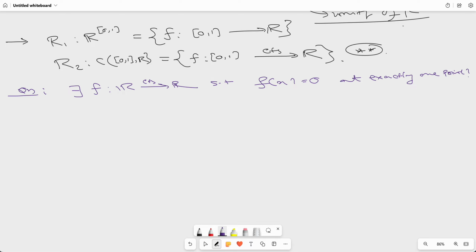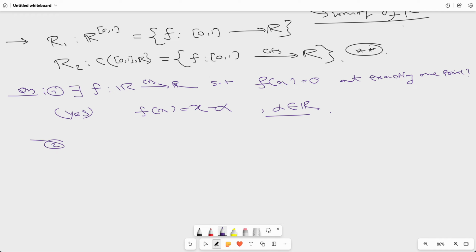Yes, of course, this is very easy. You choose f(x) to be x minus alpha, so this is vanishing only at alpha, exactly one point. f(x) is 0 at alpha, right?